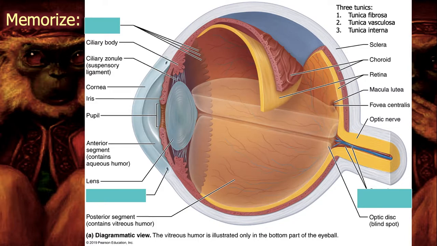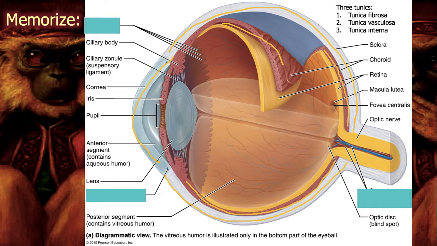You've got your 3 tunics up here in the corner, so let's go through them. Your tunica fibrosa is the most external. It includes the sclera, this white part, and it includes the cornea, the clear part on top. That is the tunica fibrosa. Your next layer, the tunica vasculosa, is going to be the choroid, which is this dark layer right here, which in reality is kind of a brownish black color.